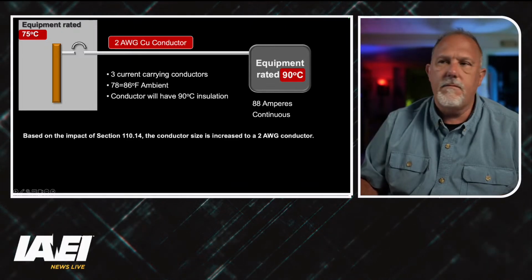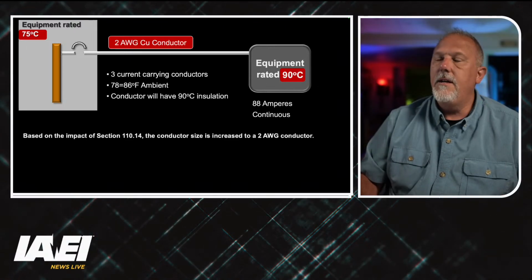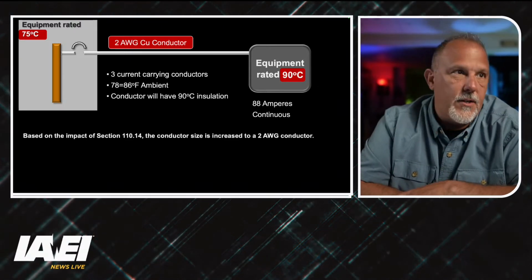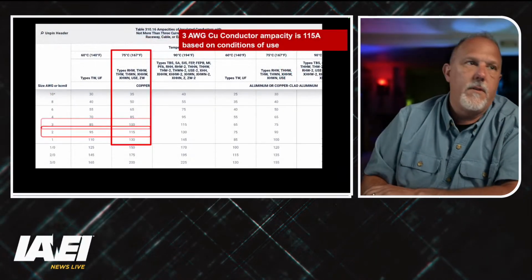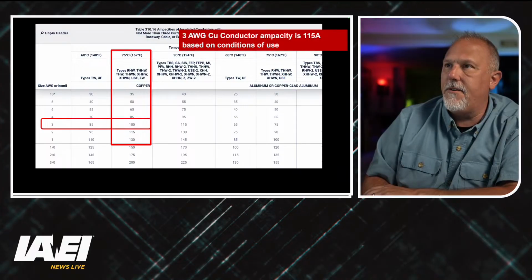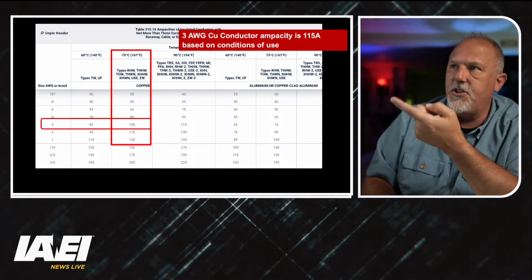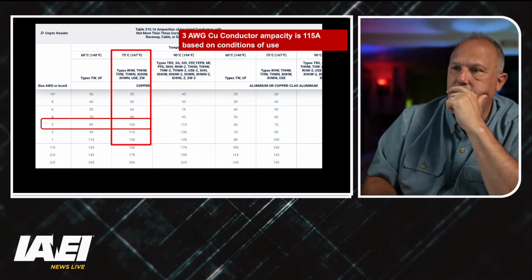All right, hopefully you guys were seeing all of that. Anyway, let me go back. All I did was change the red box to say 3 gauge copper conductor ampacity is 115 amps.